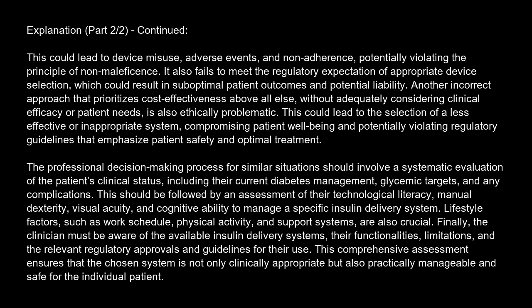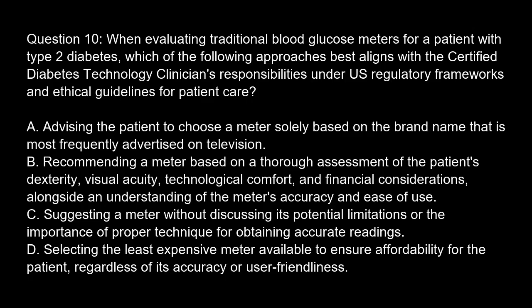Lifestyle factors, such as work schedule, physical activity, and support systems, are also crucial. Finally, the clinician must be aware of the available insulin delivery systems, their functionalities, limitations, and the relevant regulatory approvals and guidelines for their use. This comprehensive assessment ensures that the chosen system is not only clinically appropriate, but also practically manageable and safe for the individual patient.